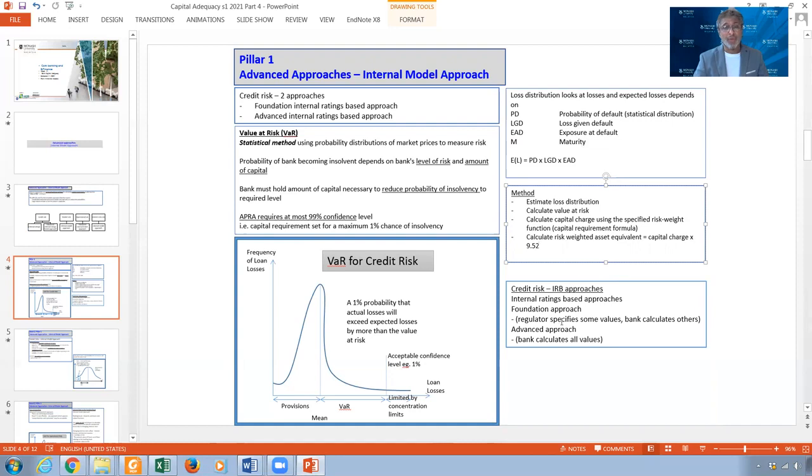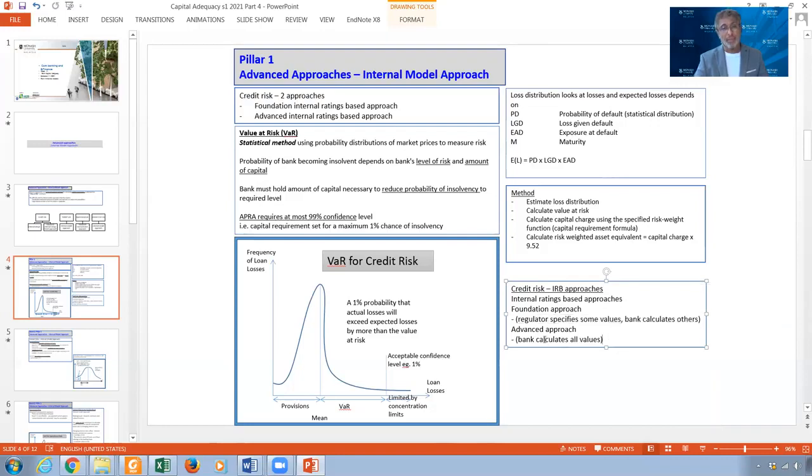Now, some of them, like the IRB approaches, you can have a foundation approach, which means the estimations are coming through the regulators and the financial institutions.